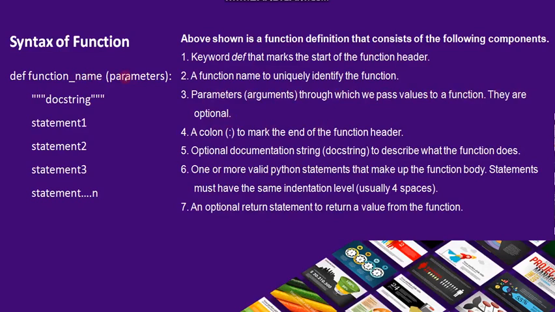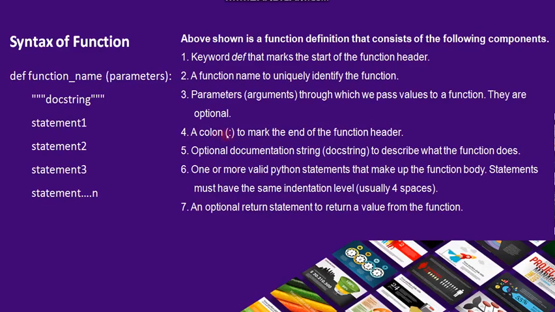As I told, if our program demands, then we can specify the parameters. Otherwise, if you leave it blank, it is okay. Then a colon sign has to be in the function header. So all these are nothing but the first line that defines the function header.